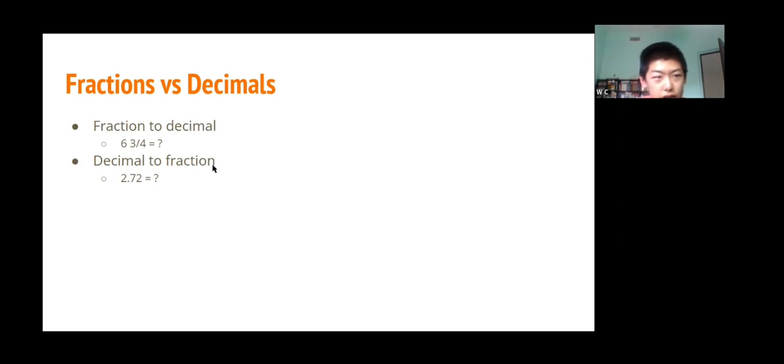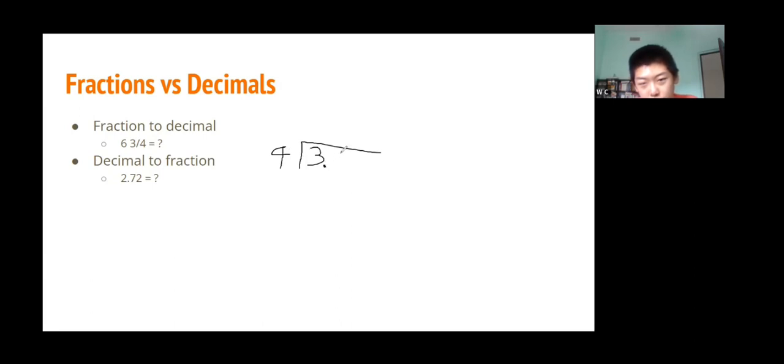So now let's talk about fractions versus decimals. When you transfer a fraction to a decimal, you have to divide it and add zeros. For example, let's look at 6 and 3/4. You first have a 6, then we have to divide 3 by 4. The way we do this is by constantly adding more zeros if we can't divide anymore.